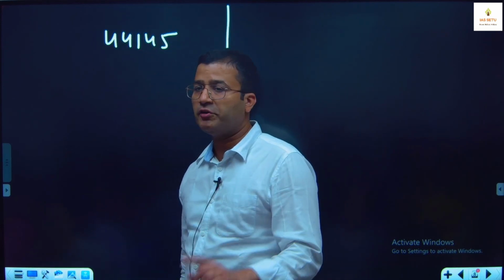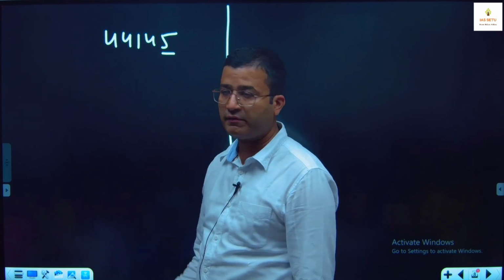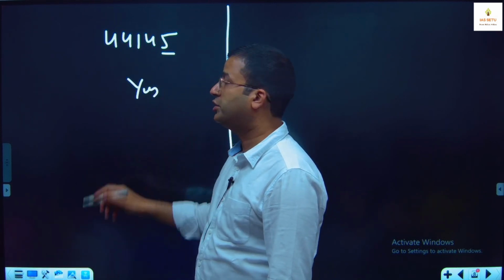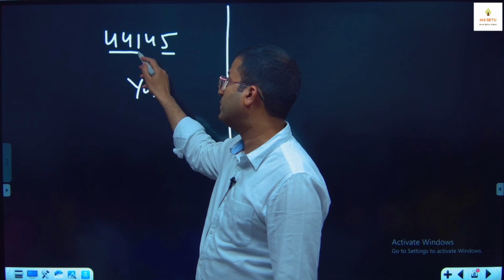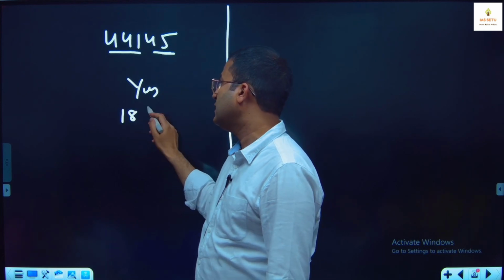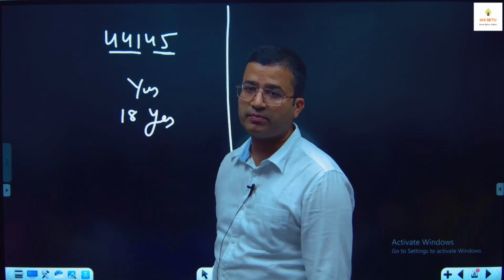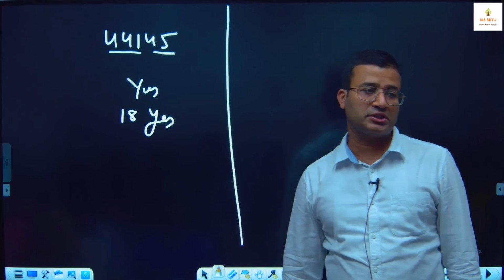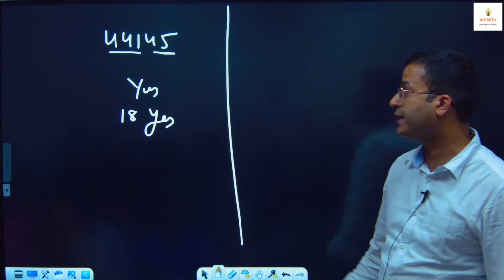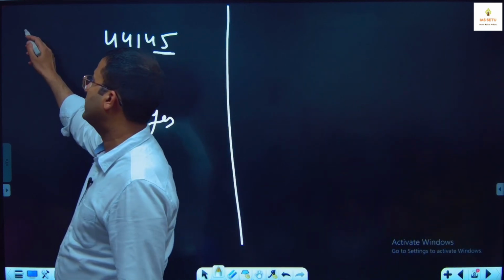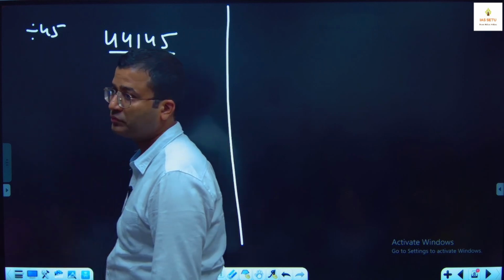First we check divisibility of 5. Yes, it is divisible by 5. Then we check divisibility of 9. 4 plus 4, 8, plus 1, 9, plus 9, 18. Yes, this given number is divisible by 9 as well. Since it is divisible by 5 as well as 9, this given number is divisible by 45.